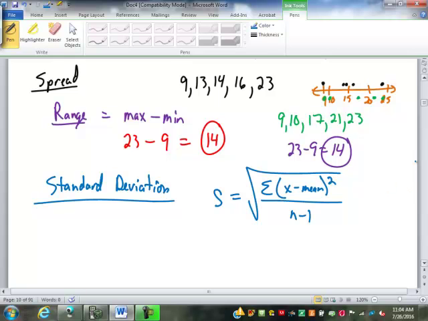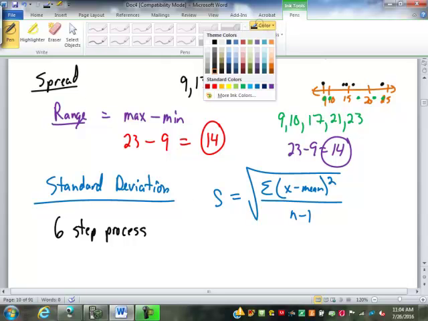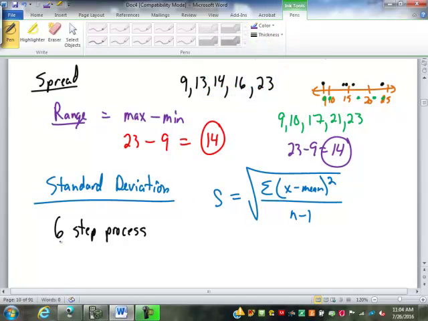That formula probably looks German to a lot of you. So what we're going to do is we're going to define it as a 6-step process. Step 1 in our process is to find the mean.